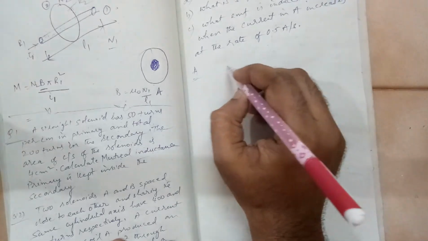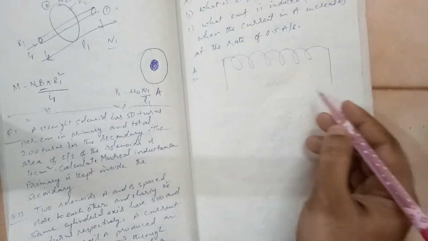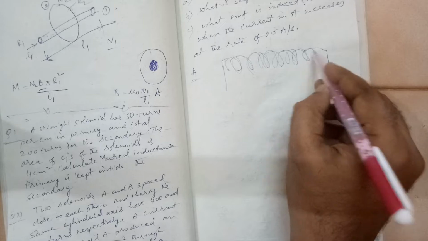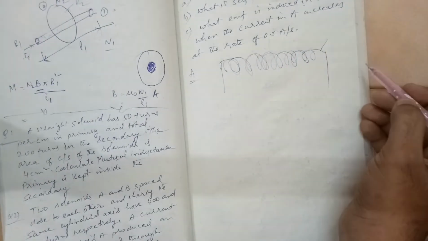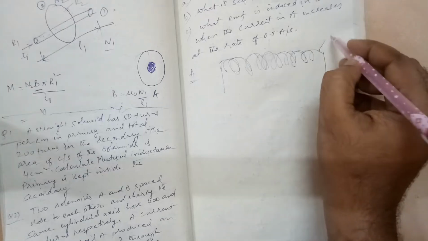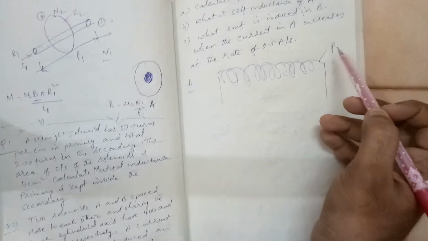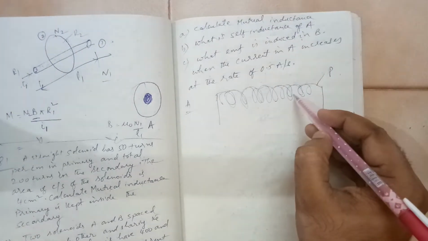See, in this question, some solenoid is given like that, and inside that another solenoid is kept. The first solenoid, let us say this one, is called the primary, through which the current is passed. Because the current is passed through the primary, it is going to affect the secondary.